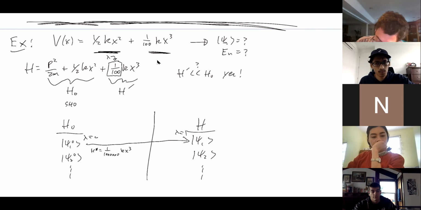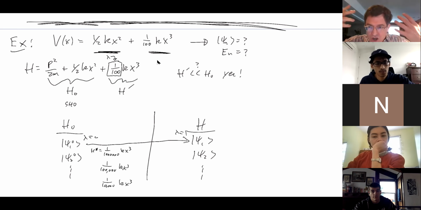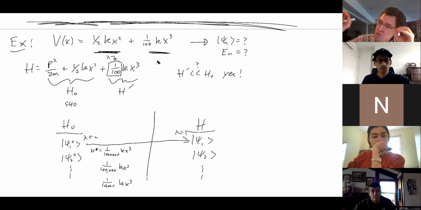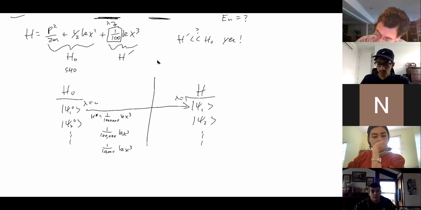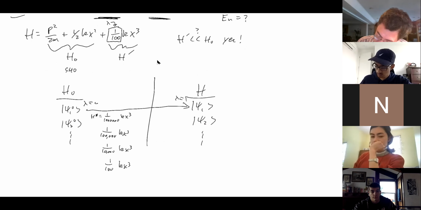Solve it. Suppose I had H prime equal to 1/100,000th of kx cubed. Suppose I had H prime equal to 1/10,000th of kx cubed. What I'm saying is solve all of these problems and they should smoothly transform as I smoothly increase that perturbation.